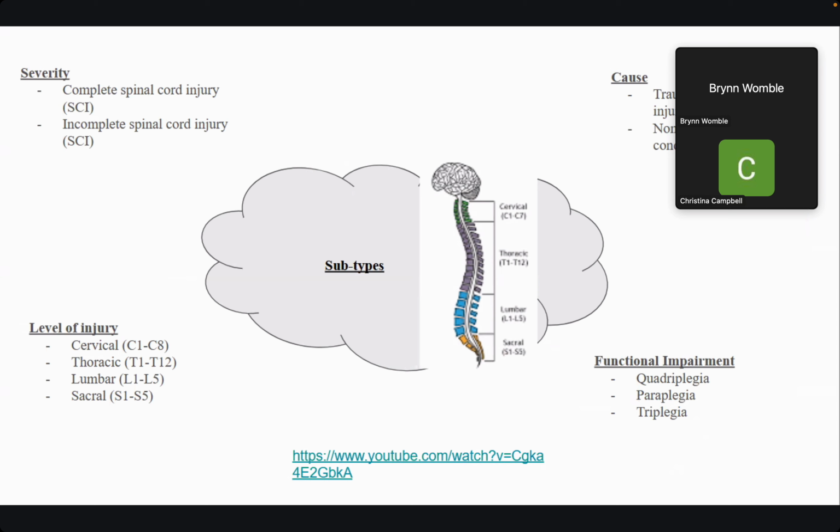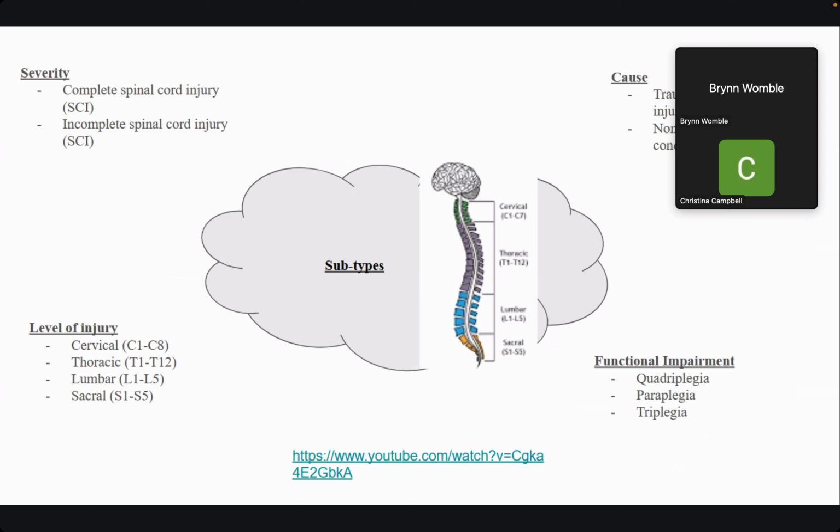The spinal cord consists of four sections: the cervical, thoracic, lumbar, and sacral. The cervical spine affects the arms, hands, trunk, legs, and often has an effect on breathing function. The thoracic spine affects the chest, abdominal muscles, and legs. The lumbar spine affects the hips, legs, and partial foot function, and people may require braces or assistive devices for walking.